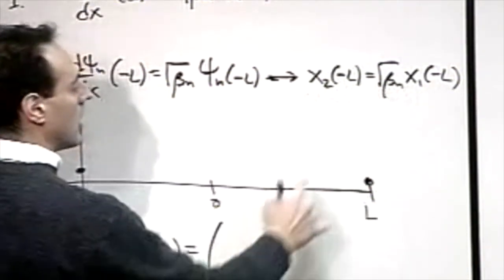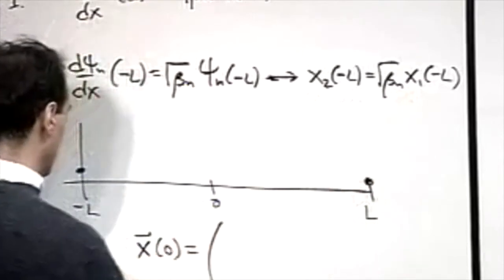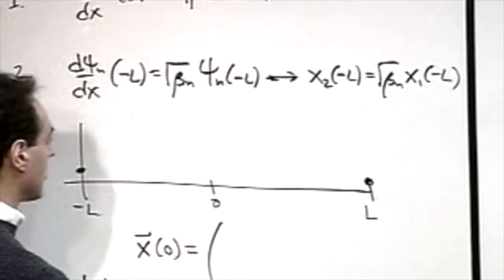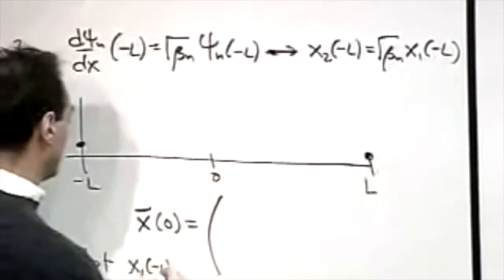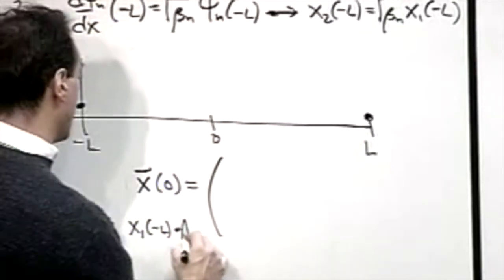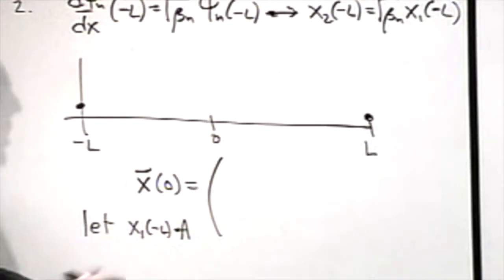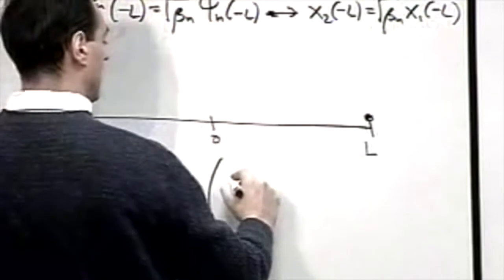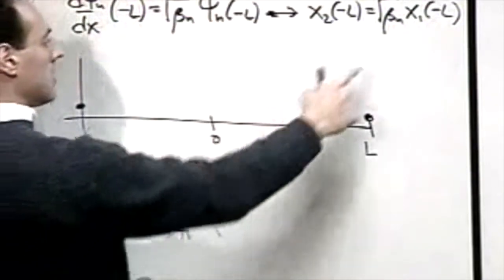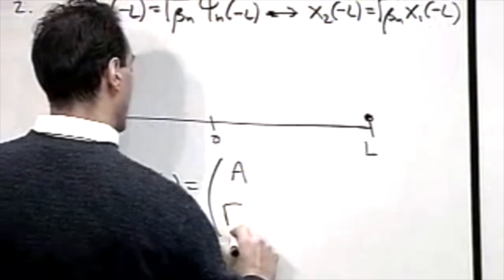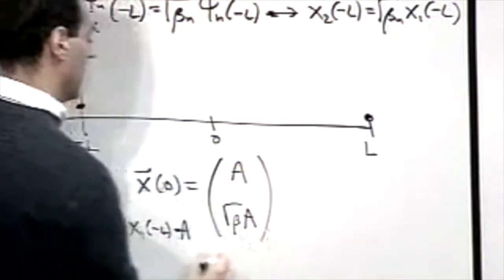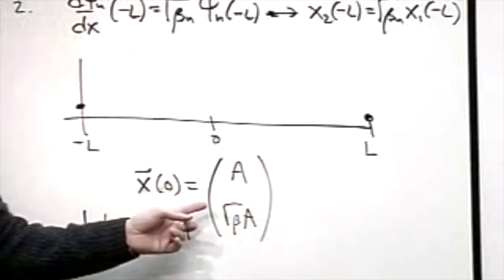Well, right here. If I say x1 at negative L is A, then that's A, and x2 is square root beta A. Does that make sense?